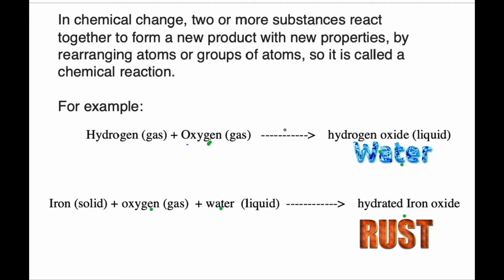So we see that in a chemical change, two or more substances are combining together and new products are being formed. These new products have new properties, and these products are formed just by rearranging the atoms or groups of atoms. So this is a beautiful example of a chemical reaction taking place.